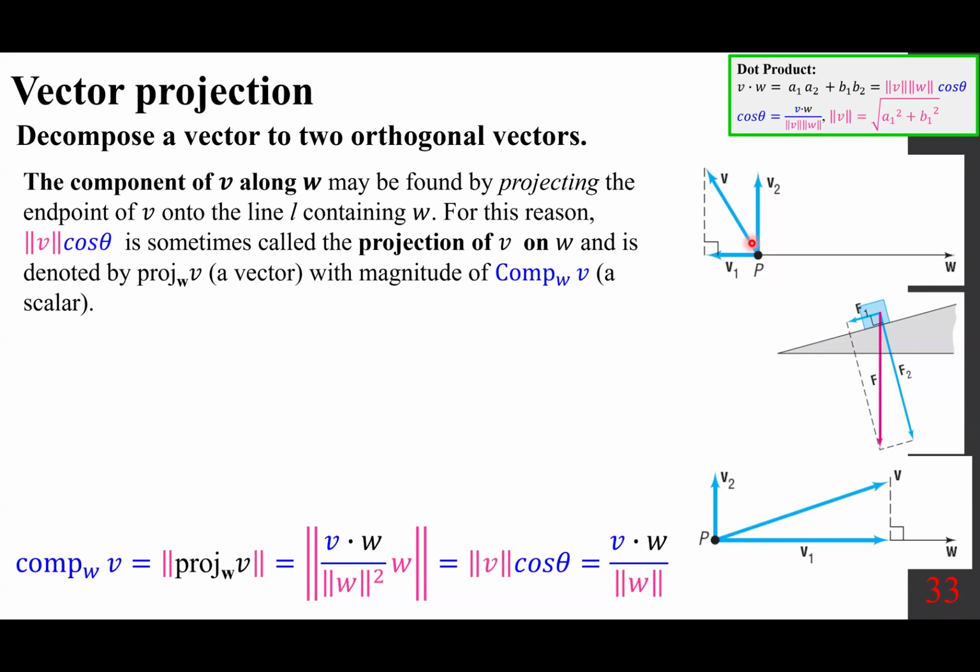Because what is cosine theta? It is the adjacent over the hypotenuse, V1 over V. And so if you multiply by V, you get V1. So let me just write that in this case.